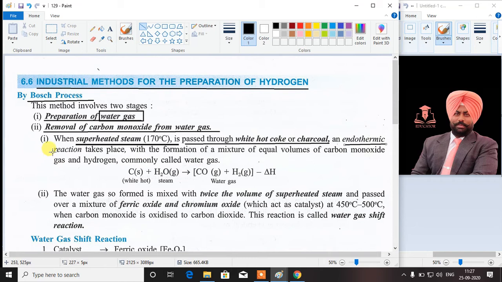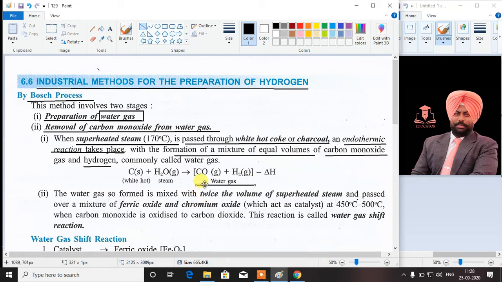When this reaction takes place, two gases are produced, carbon monoxide gas and hydrogen gas. The speciality is that both gases are produced in equal volumes. That is the reason the combination of these two gases is called water gas. So in the first step, we have prepared water gas, which is a combination of carbon monoxide and hydrogen gas.